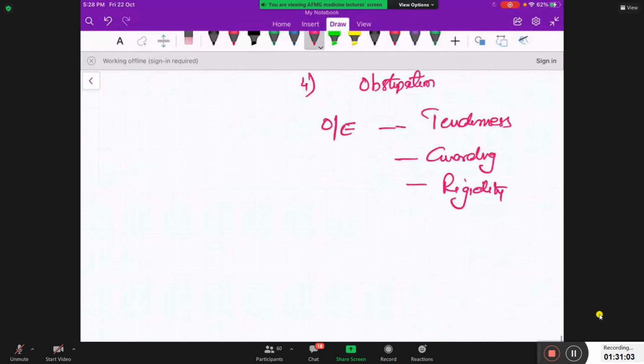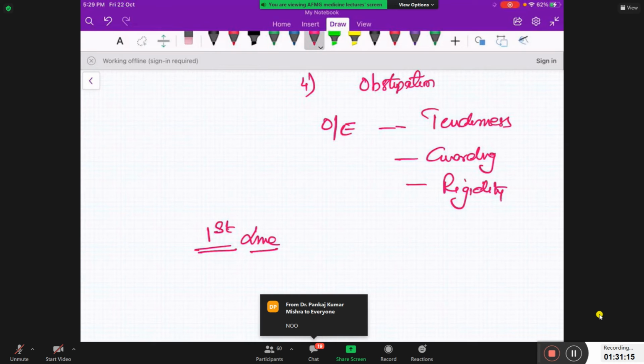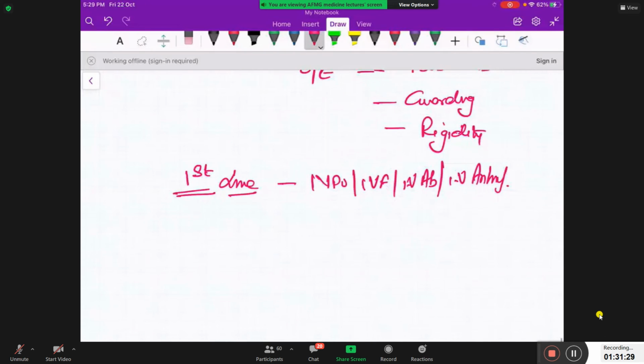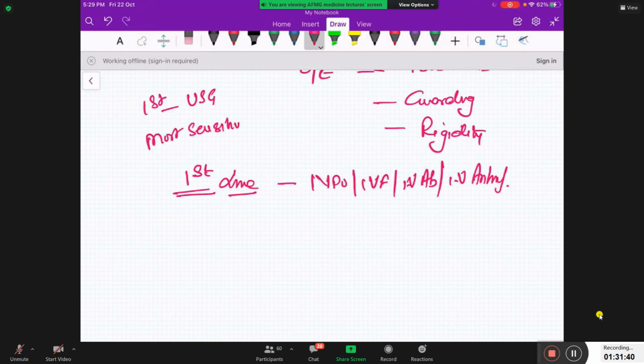Now what will be your immediate next step? Amputation? It will be nil per orally, IV fluids, IV antibiotic, and IV anti-inflammatory drugs. And the first investigation will be ultrasound, while the most sensitive investigation here will be CT scan.